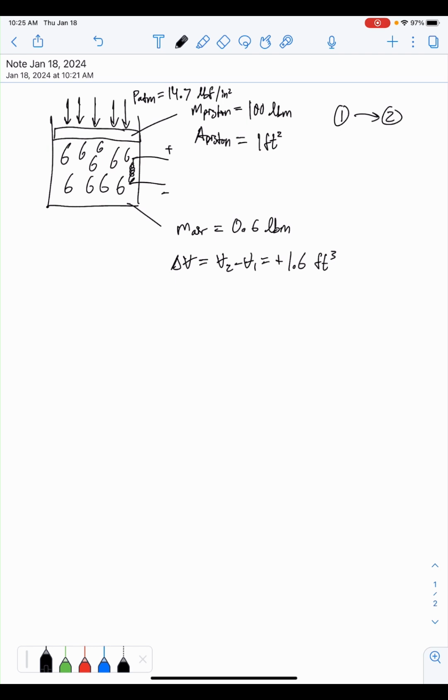The final condition we're given is that between both states, there's a change in internal energy. And the change in internal energy is 18 British thermal units per pound mass. Okay, we have everything that we need to go through this problem.